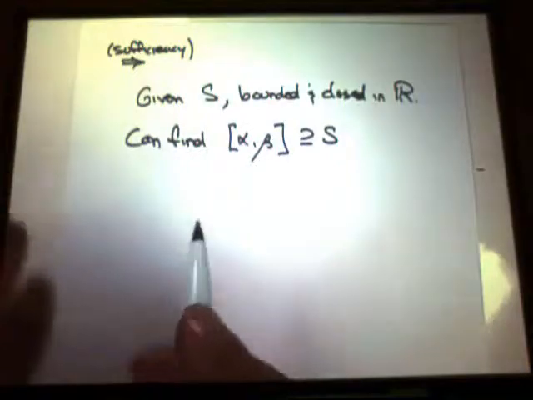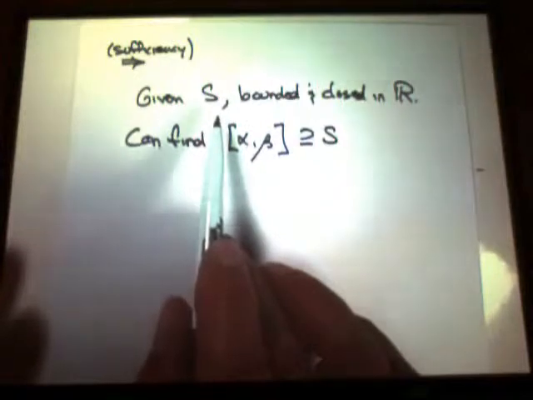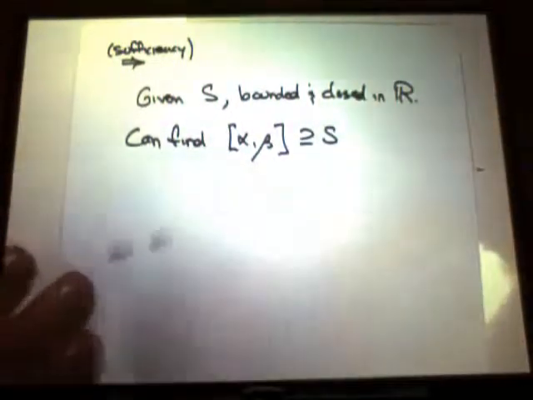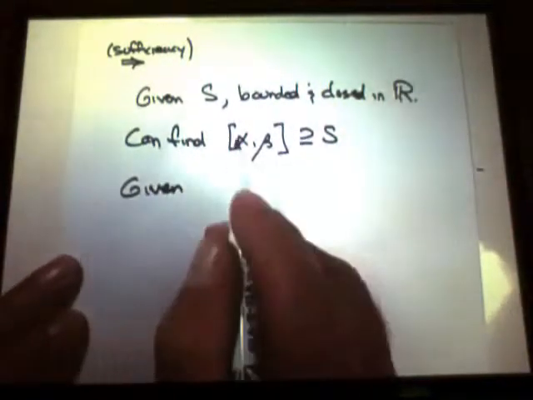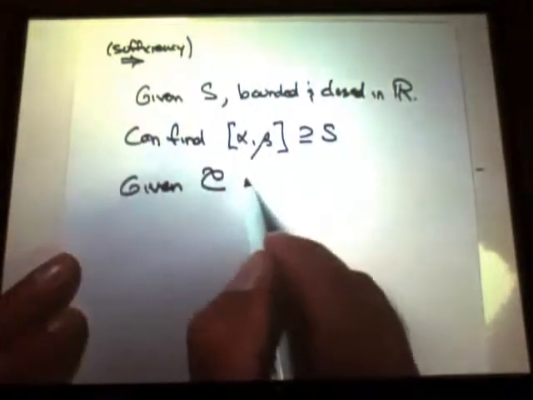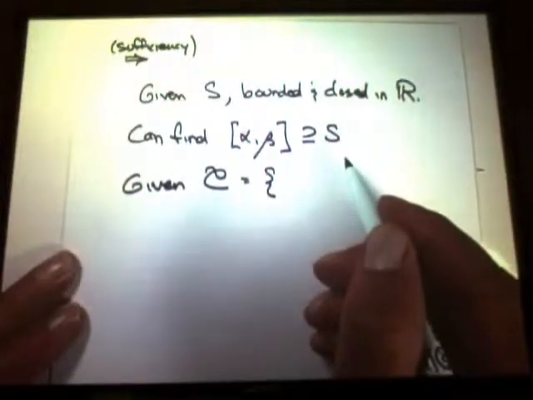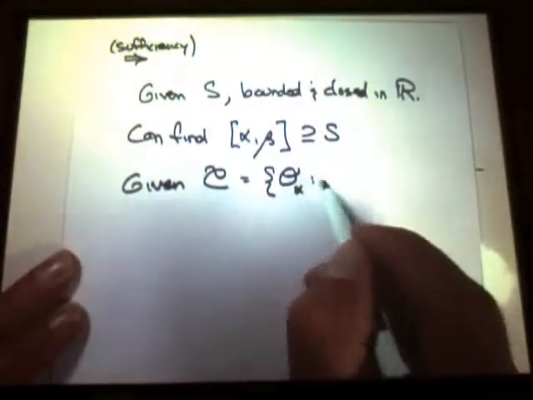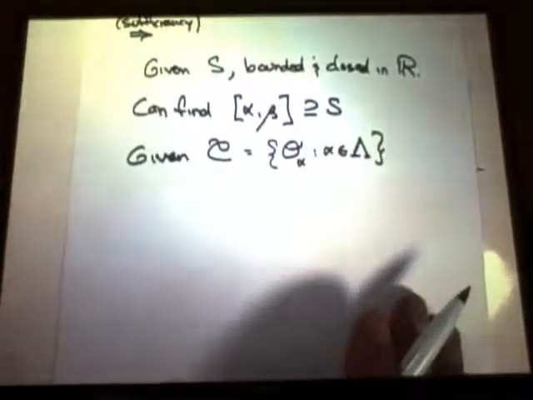Okay. Now, the Borel-Lebesgue condition says if I have any cover of S, I have to be able to reduce it to a finite subcover. All right. Given a collection of open sets, this can be a mighty big collection, right?